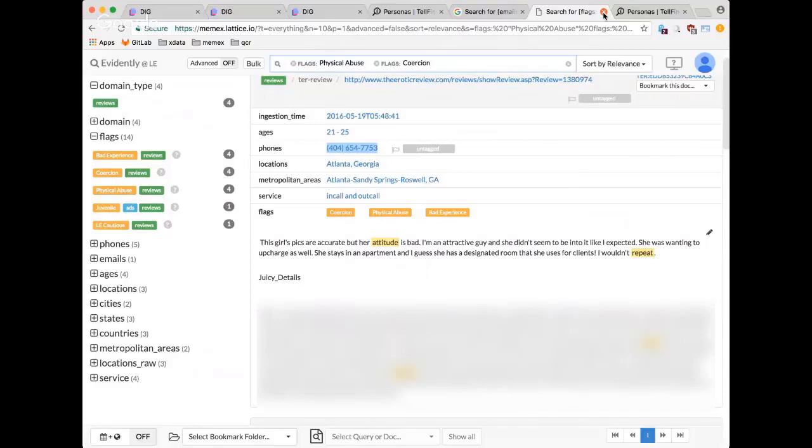So that's one version of starting backwards, generating a lead from the data, and then helping law enforcement know that there's a crime being committed without them having to discover after the fact that a crime has been committed, much later.